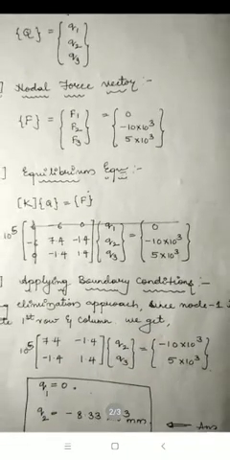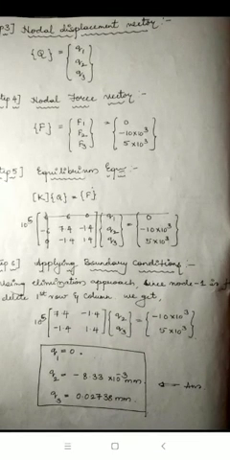Next is step number 6, that is applying boundary conditions or imposing boundary conditions. It is nothing but eliminating particular rows and columns. That is, if you are solving by the elimination approach, we have to eliminate particular rows and columns. Which row and column do I have to eliminate?